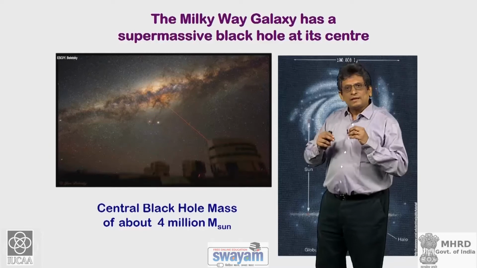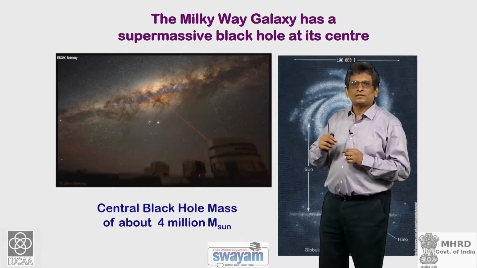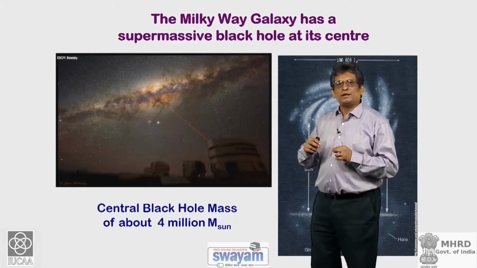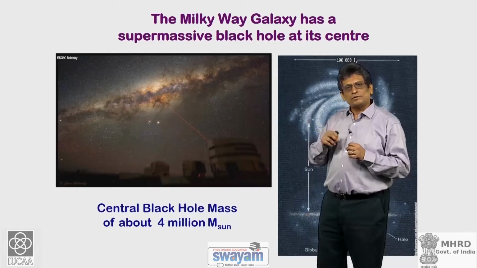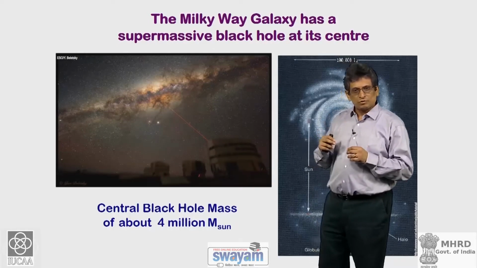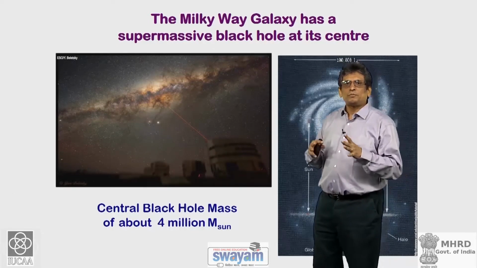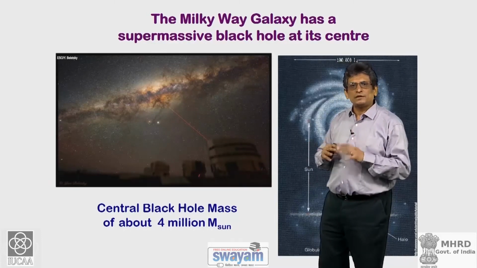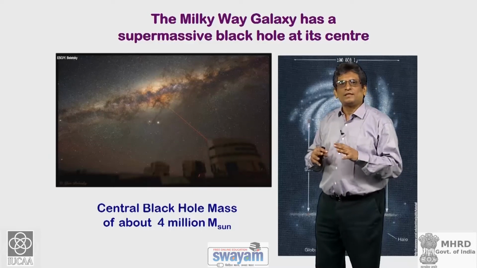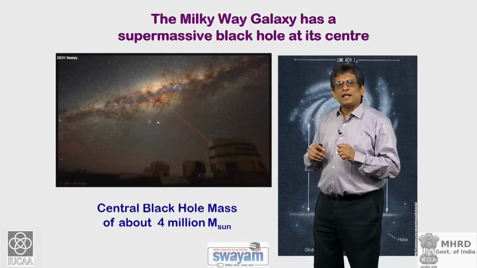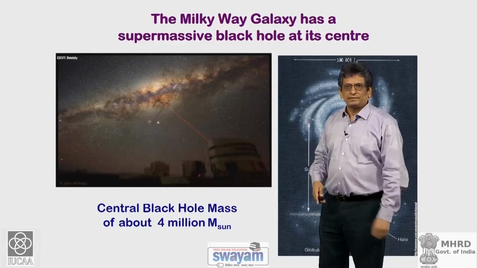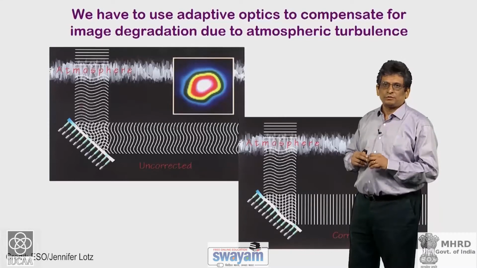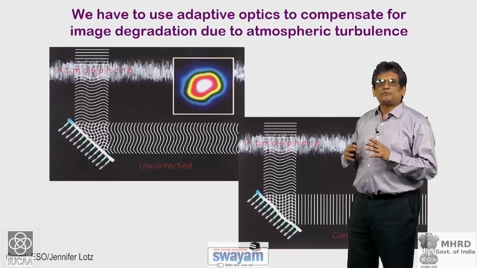Just like that, in the center of the Milky Way, if we look at the stars and their orbits, we can try and measure the mass of the central object that is causing this motion. We can also put a limit on the size of this central object. Both are essential ingredients in establishing that there is a black hole in the middle of our galaxy, as well as measuring its mass.